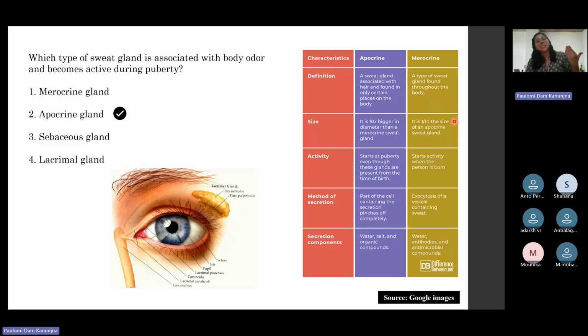Apocrine starts later, during adolescence. They both secrete similar compounds: water, salt and organic compounds. The basic difference is where they are present, mostly in the hair component, and that's exactly why you have body odor that gets activated later in life. That's apocrine.